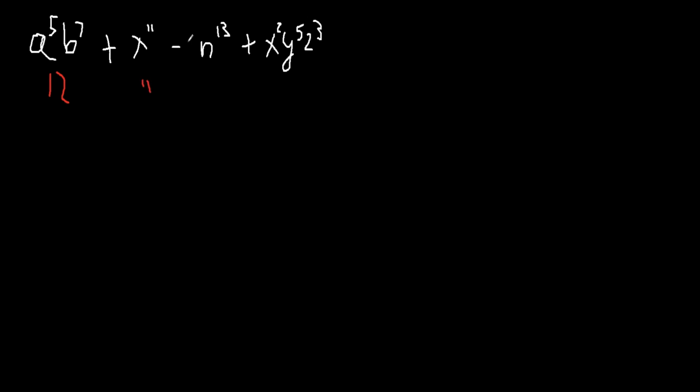Our third term, negative n to the 13, has a degree of 13. Our final term has a degree of 2 plus 5, which is 7, plus 3, which is 10. So the term with the highest degree is negative n to the 13, because 13 is the largest number here. That means the degree of this polynomial will be 13.